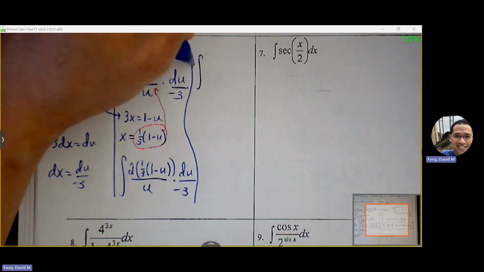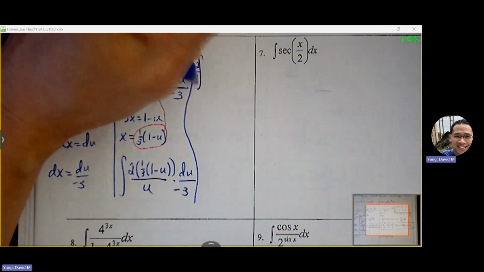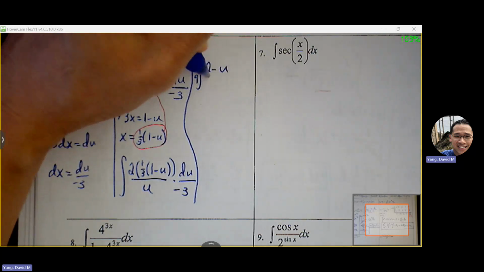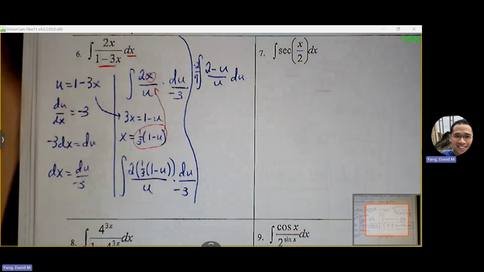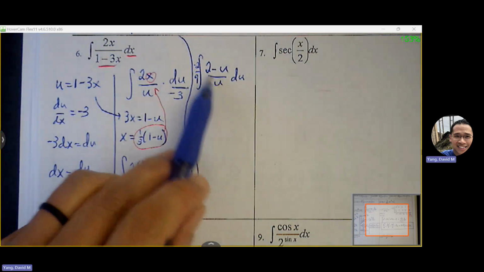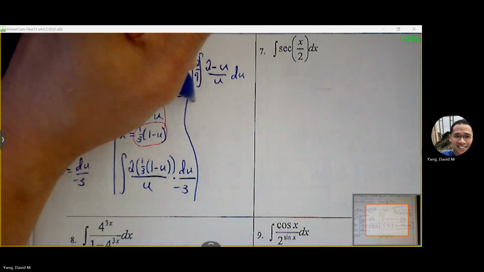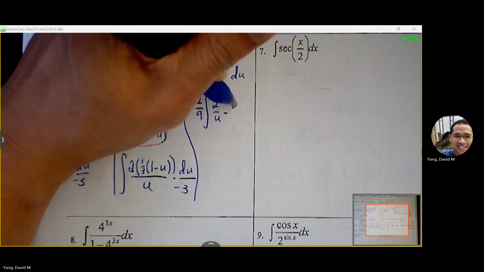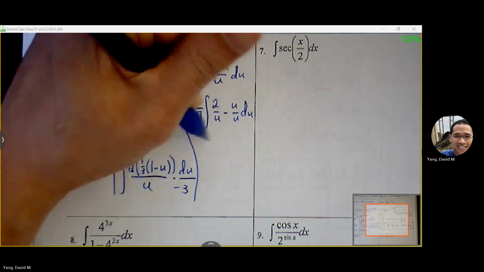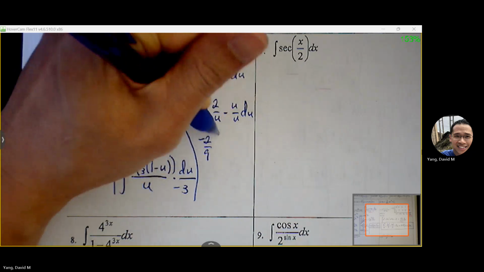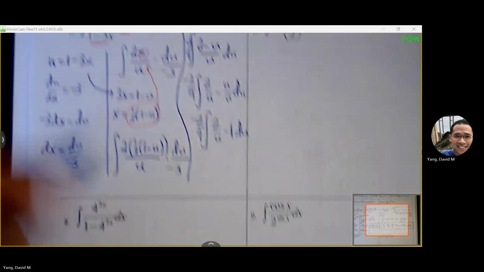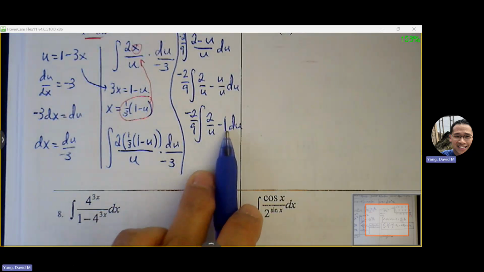So it ends up being negative 2/9 in front. And then I have 2 minus u over u du. There's only one variable below. I can split this up. Natural log and u sub and power rule.